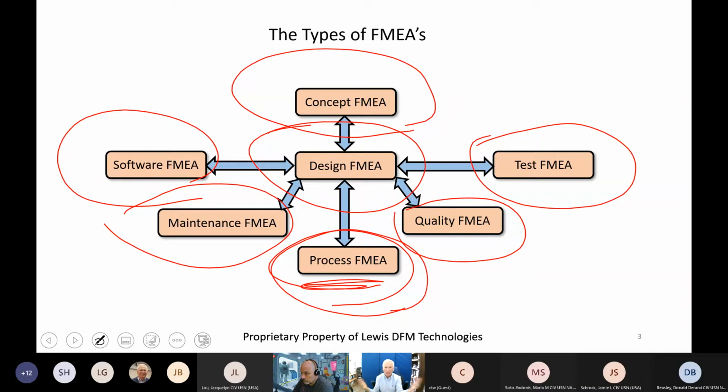So we're always interchanging ideas and information back and forth from the different FMEAs on a program to make sure that nothing falls into the cracks. And when we find something that's related to something outside of our FMEA, that it gets incorporated into the program FMEA, whichever one is applicable.